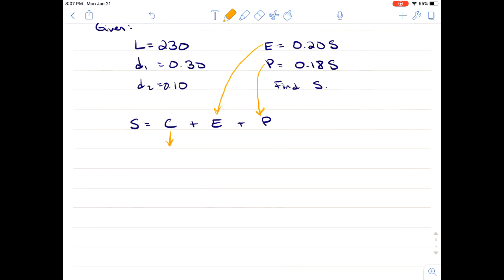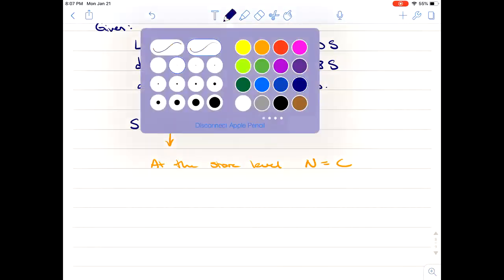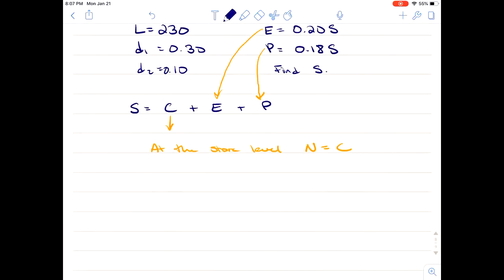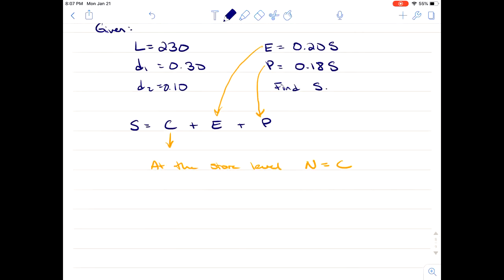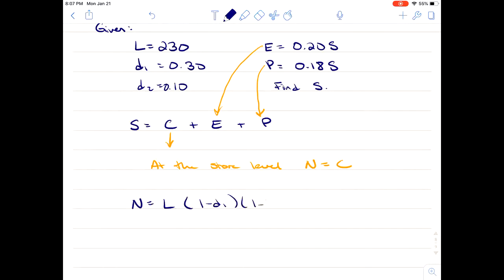Yeah. At the store level, the net price is the cost. So if we need C, we could find the net price because we have the list price and we have the discounts. N is the list price times 1 minus D1 times 1 minus D2.